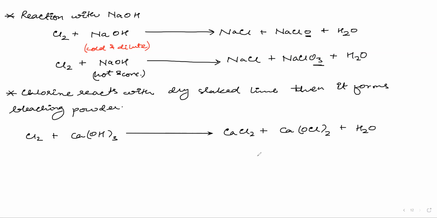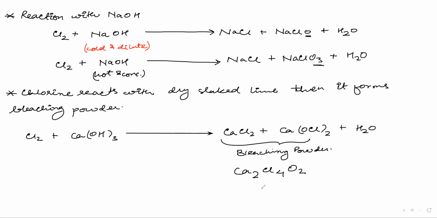Now this product here is the bleaching powder. If you write this formula in the empirical form, it will be Ca2, then Cl4, and then O2.